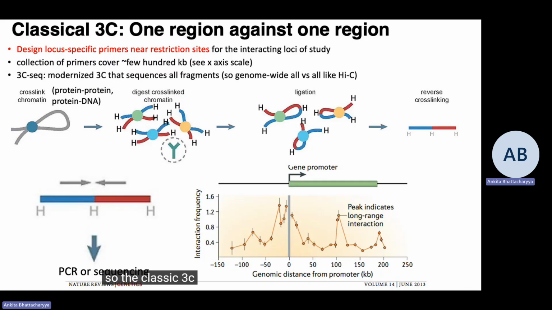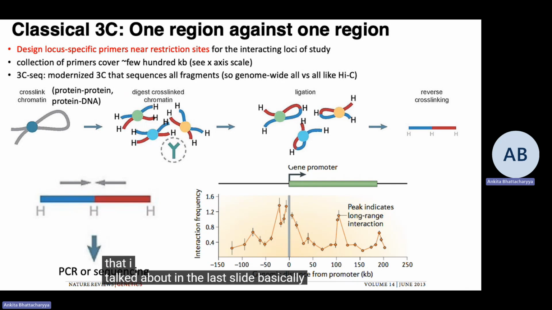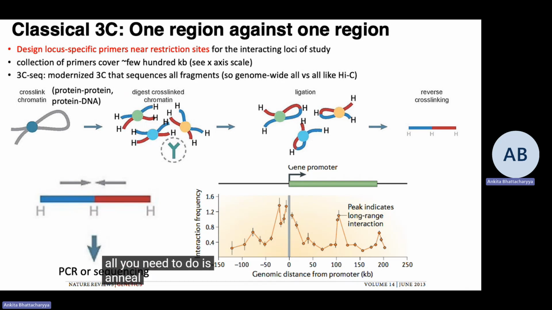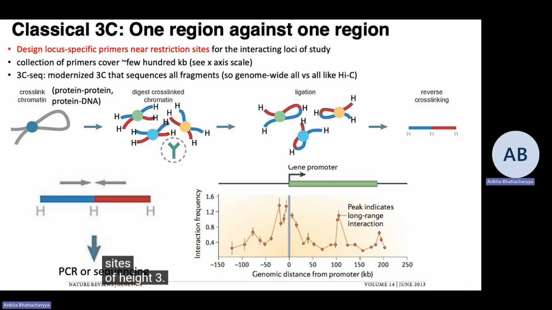So the classic 3C approach is what's known as a one-to-one region approach. The idea here is that after the cross-linking and the reverse cross-linking step that I talked about in the last slide, all you need to do is anneal sets of primers, where your primer set consists of primers targeting regions from locus 1 near the known HindIII restriction enzyme sites, and also from locus 2 near the HindIII sites.